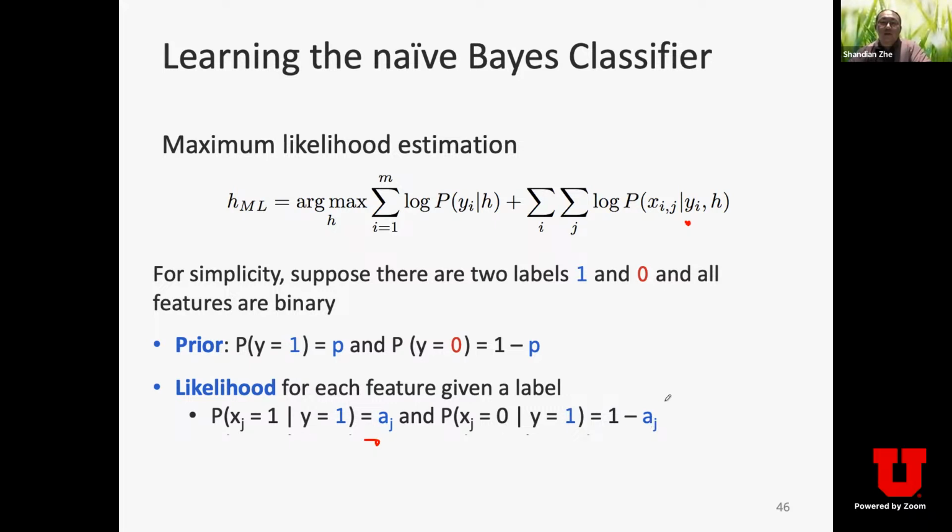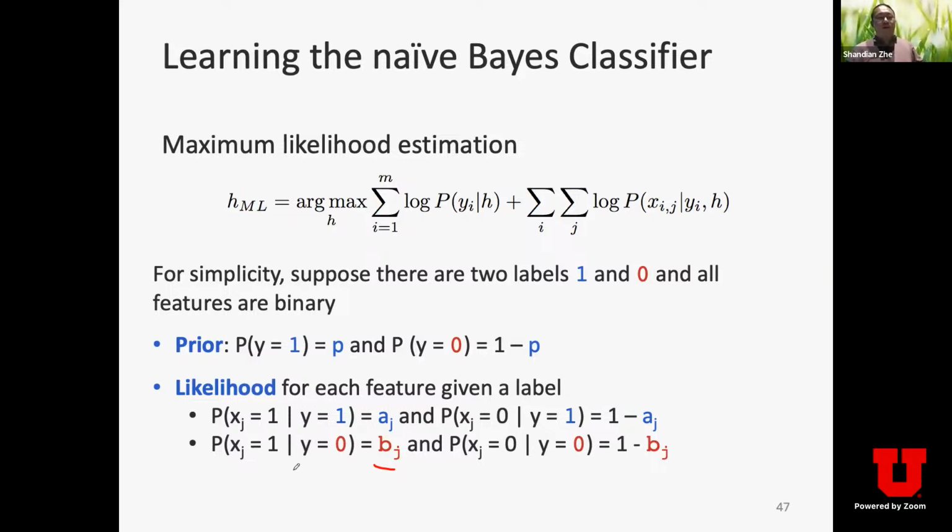However, that's not finished because we need to consider every choice of the label y. So for y is 0, your distribution of xj conditioned on y is 0 amounts to another Bernoulli distribution. So you have to assign another parameter for that Bernoulli distribution, which we denote by bj. We define bj as the probability xj takes 1, given that the label is 0.